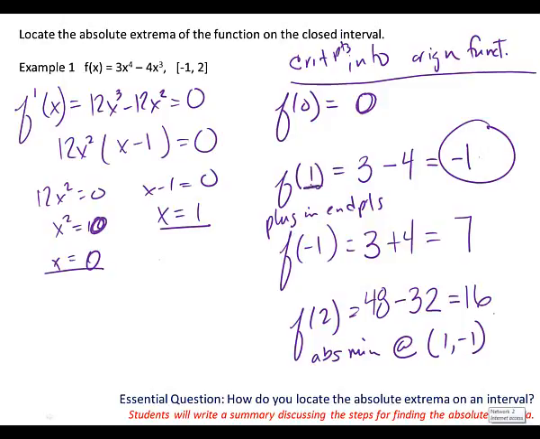Notice, remember, the point, that's your x value, that's your y value. Sometimes they may write the point, and we've got to get used to this in here. F of 1 equals -1 is also a way to write a point. Okay? All right. Absolute max at, what's the biggest number? 16. So my point would be 2, 16.